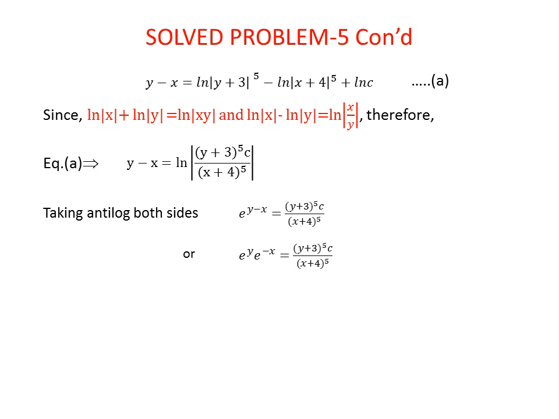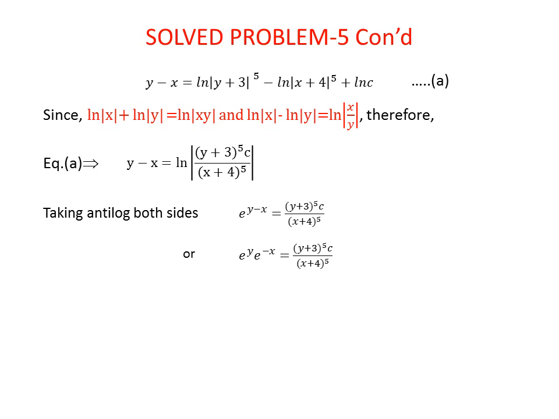Now this can also be written as: the left hand side e to the power y minus x can also be written as e^y and e to the power minus x, and the right hand side remains the same. When the power of e has two terms with subtraction, we can write it as a product of e to each power.